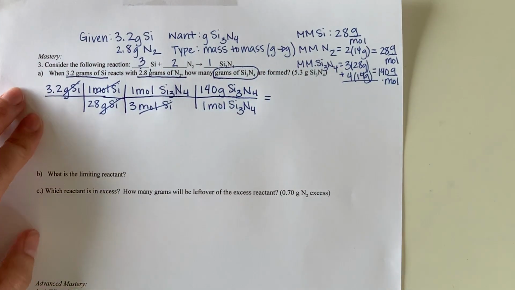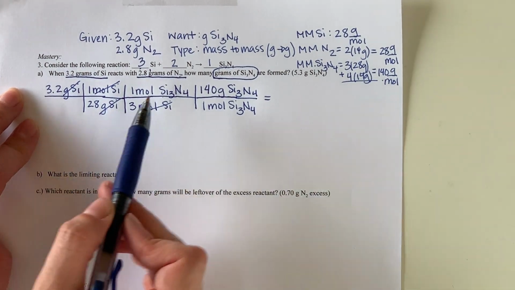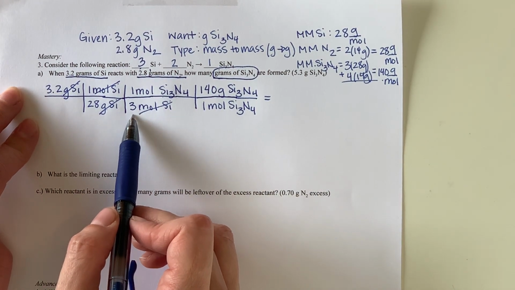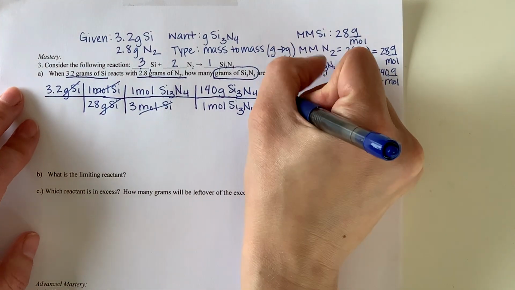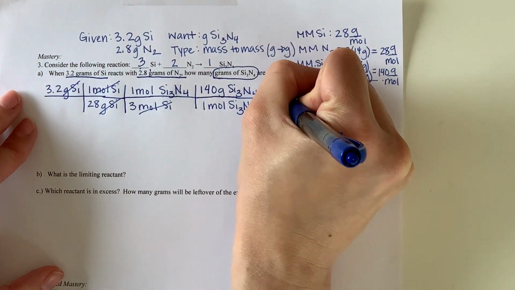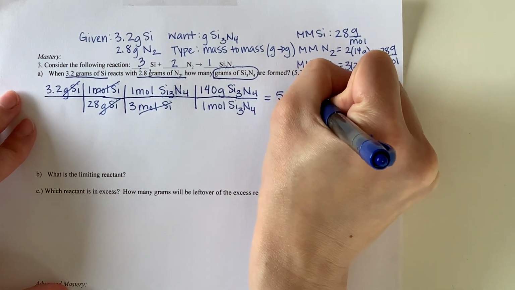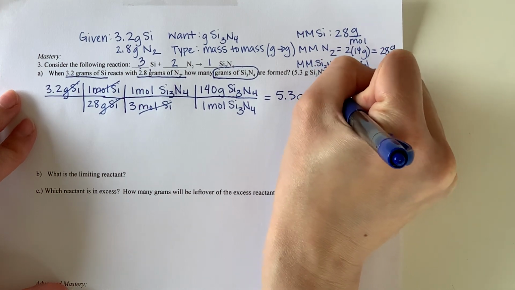Okay, so I'm assuming you know how to do the math here, right? 3.2 divided by 28, hit enter. You could multiply by 1, it'll give you the same thing. Divided by 3, hit enter, and multiplied by 140. That gave me an answer of 5.3 grams Si3N4.